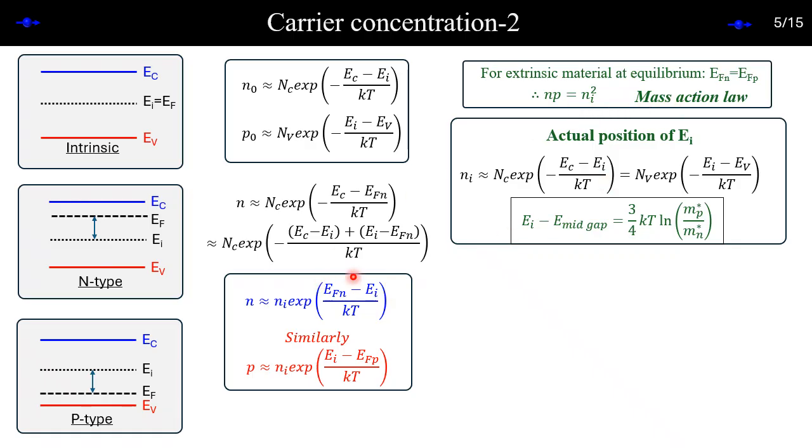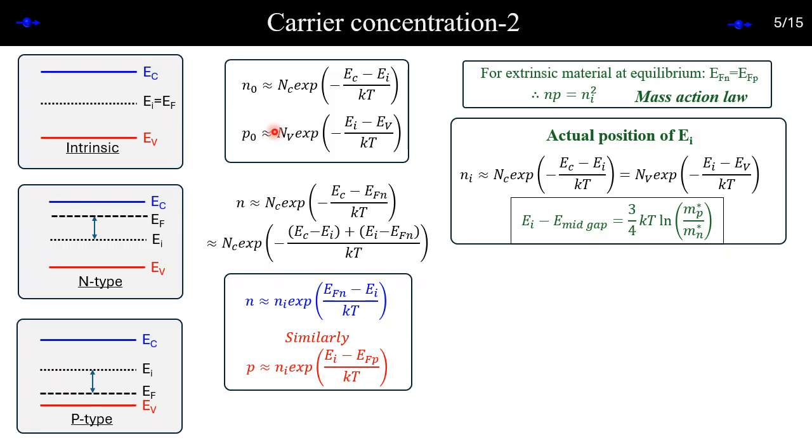We are changing the electron and hole concentration, but such that the product of n and p remains Ni square. Just put n and p, you immediately get it.